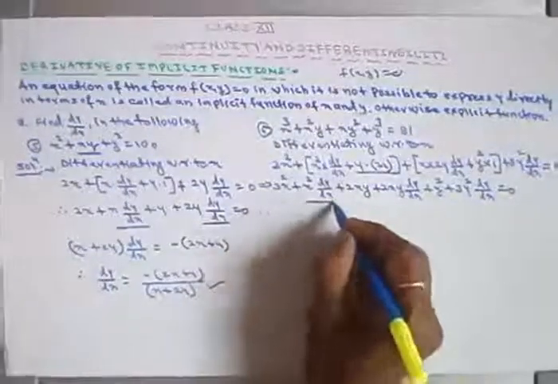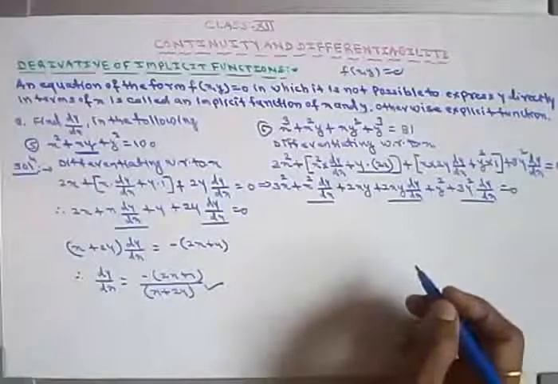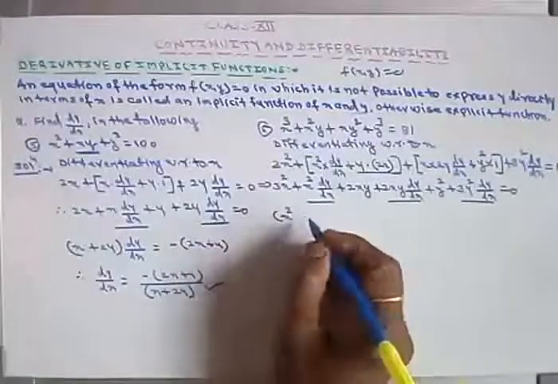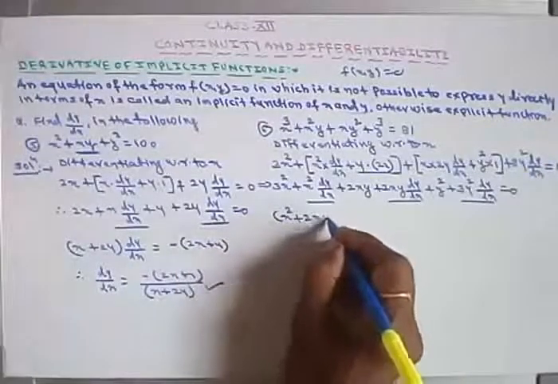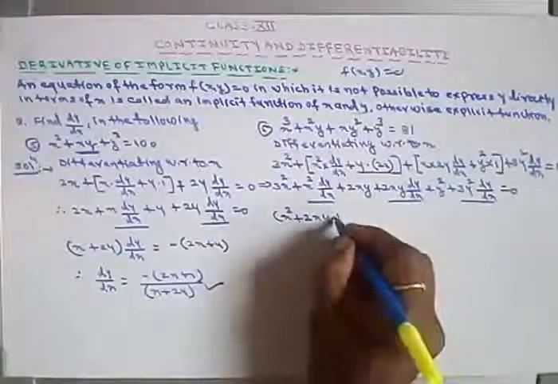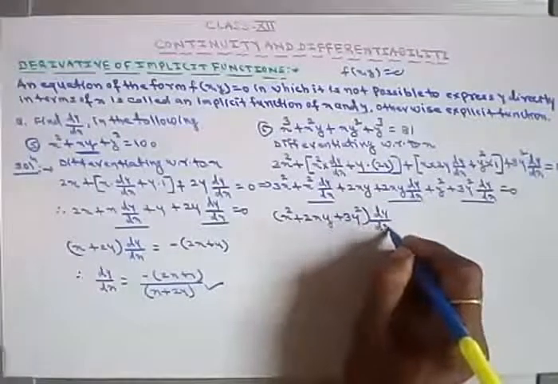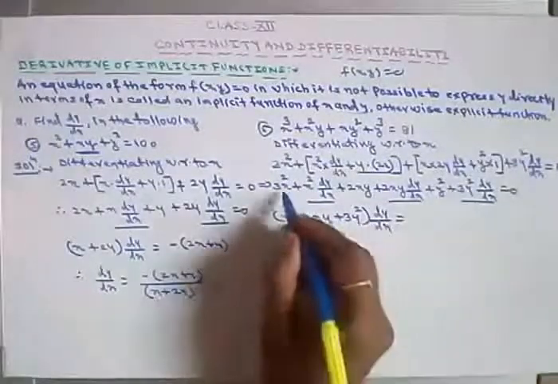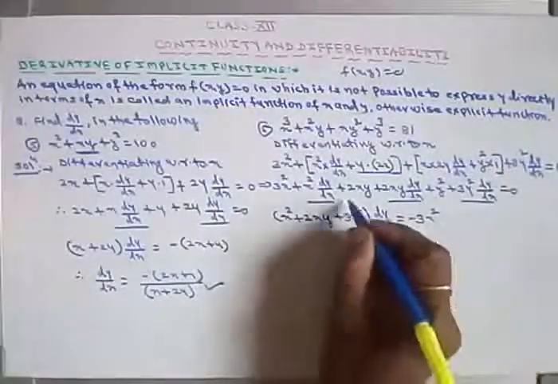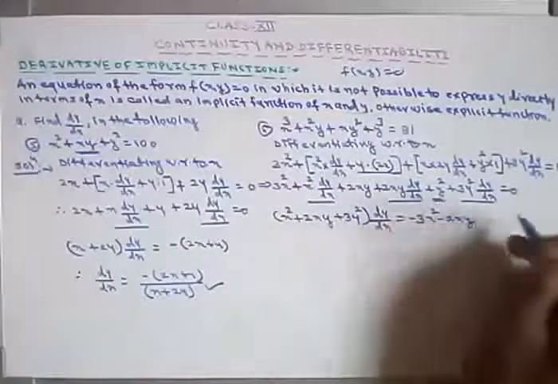Now grouping dy by dx terms, so x square plus 2xy, this 2xy, and then plus 3y square into dy by dx, and to the right hand side we get this minus 3x square, then this minus 2xy, and this is minus y square.